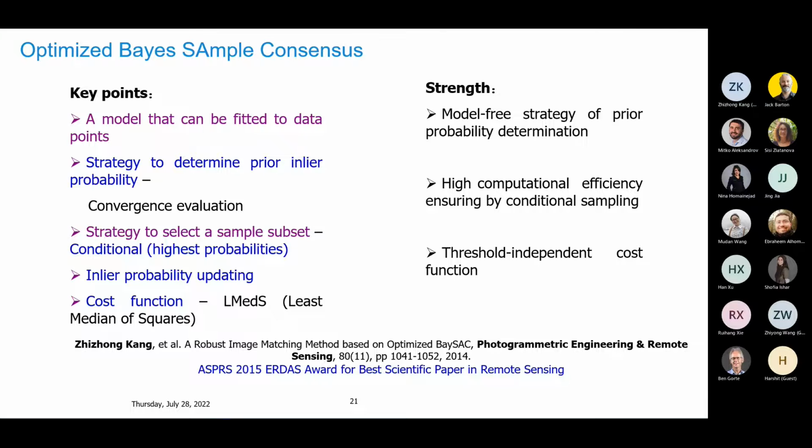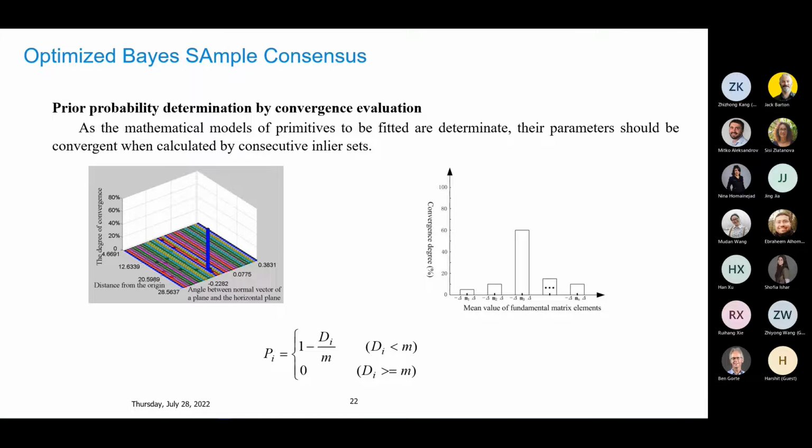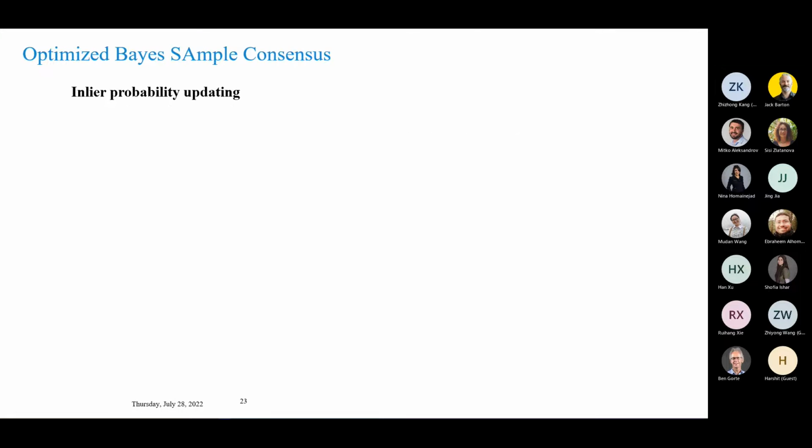This is the principle for the prior probability determination. Because of time, I will not go into detail. Here is the overview of the probability updating.